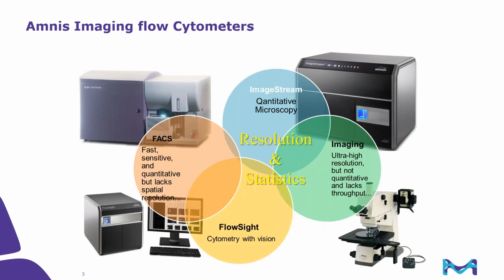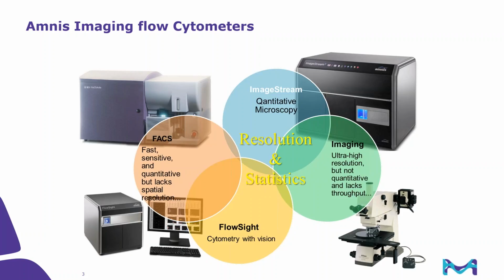So the way that you can think of the Amnis technology is it's a flow cytometer: very fast, photonically sensitive, and quantitative, but it lacks the spatial resolution that you get with imaging. For those types of experiments, you would typically use a high-resolution confocal microscope, but the problem with typical microscopes is they lack throughput.